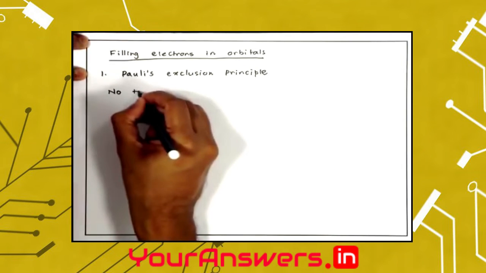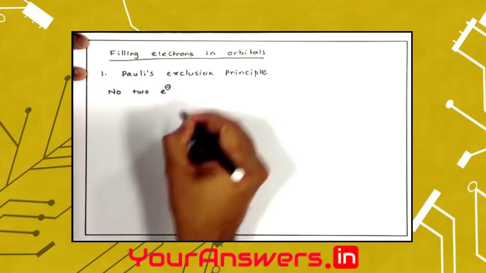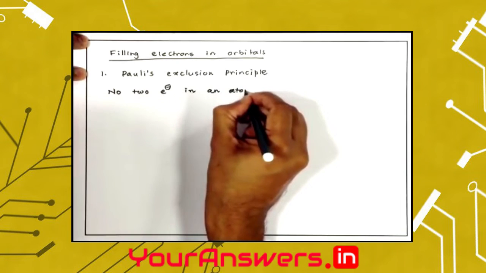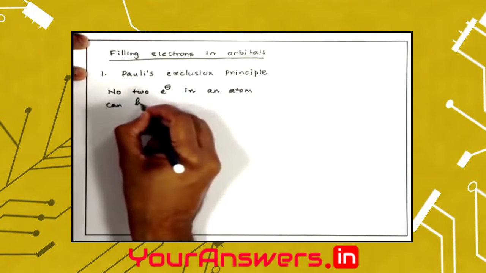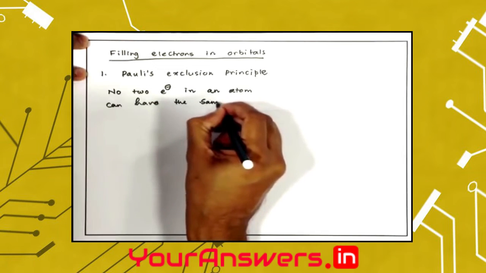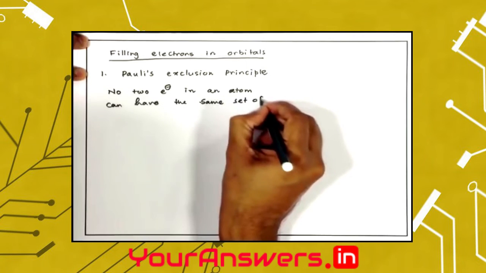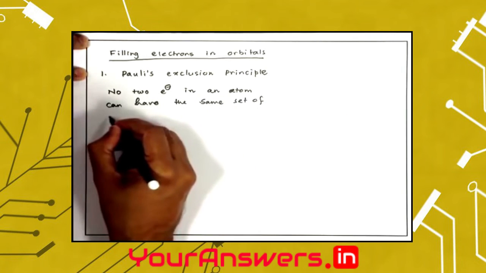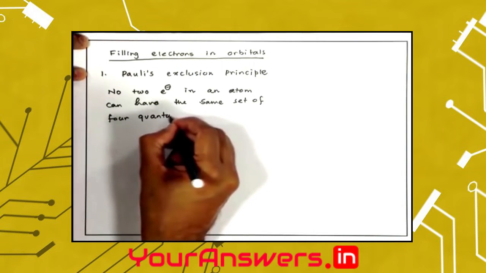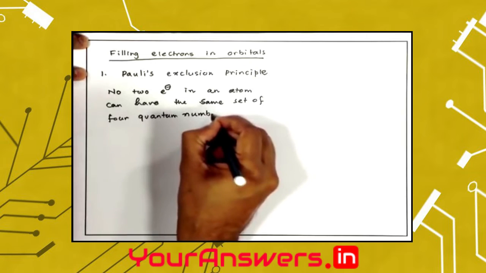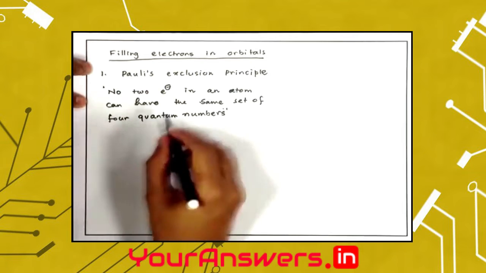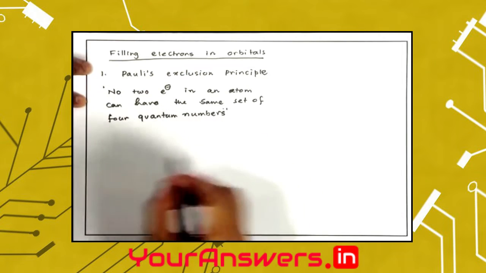That no two electrons in a given atom can have the same set of quantum numbers. We have actually discussed 4 quantum numbers. Pauli's exclusion principle says that no two electrons in an atom can have the same set of 4 quantum numbers.